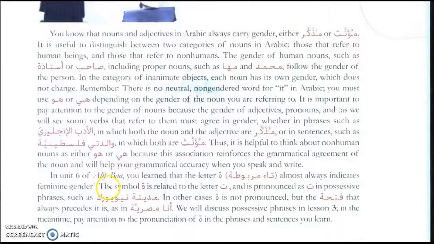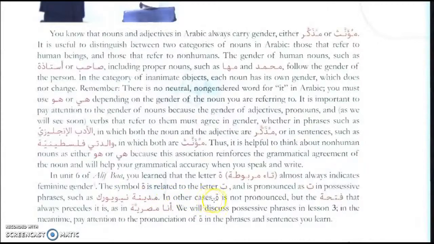In Unit 6 of Alif Ba, you learned that the letter ta marbuta almost always indicates feminine gender. The symbol is related to the letter ta and is pronounced as ta in possessive phrases, such as Medinat New York, the city of Chicago. You could also say genitive phrases, if you're familiar with case.